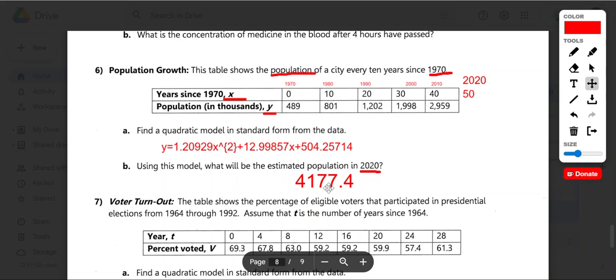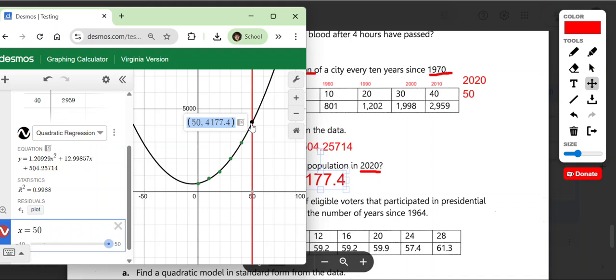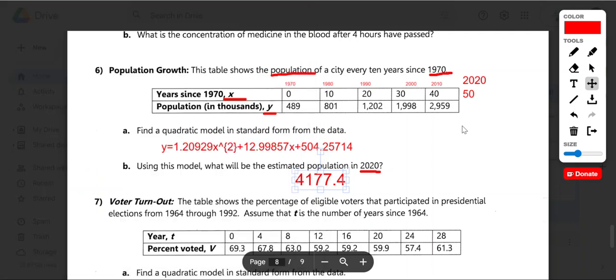So again, we figure out what x value, how many years that is past 1970. We figured out that 2020 was 50 years past 1970, so a 50 for x. And then once we figured out that we needed a 50 for x, we could put x equals 50 and find the y value of almost 4,200. And then we just say that that is our estimated population.